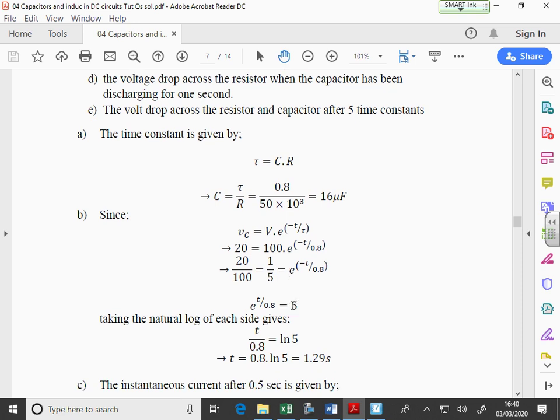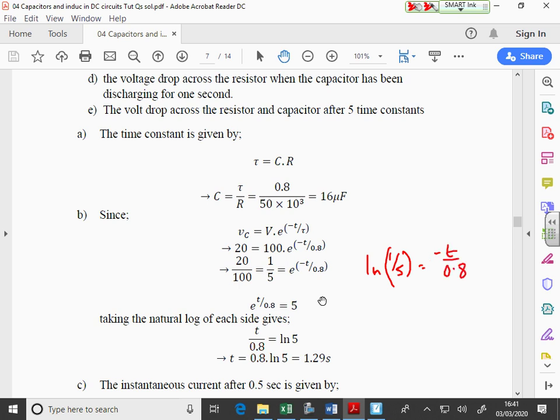Okay, now, I think this result comes from Mr. Byrne here doing a bit of manipulation that we wouldn't normally do. Because here we do ln of a fifth is equal to minus t over 0.8.